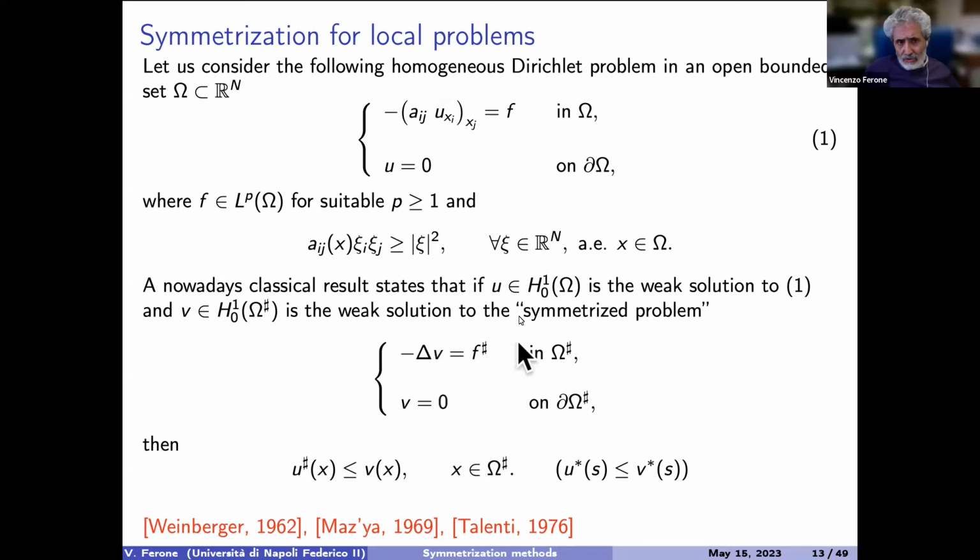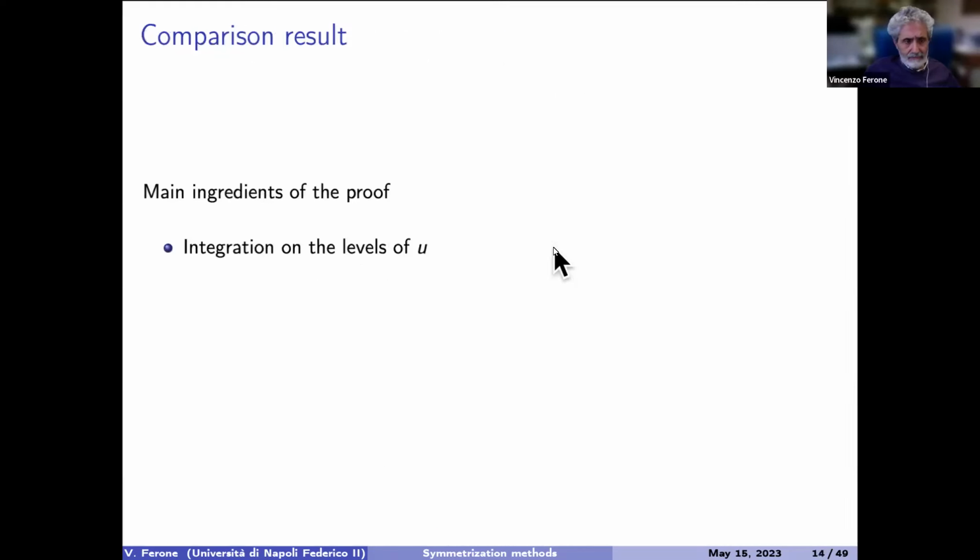And finally, I have said f in L^p for suitable p. Actually, we can take also f in L^1. There is a way to define solution also in this case, and to obtain this kind of results also for very weak solutions, under very weak conditions on them.